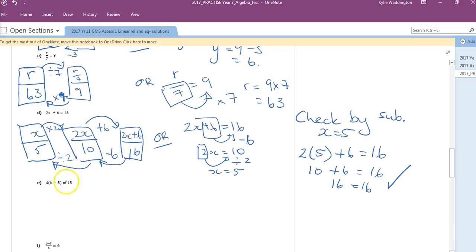Here we can do it 2 different ways, and it depends on how you want to do it. And I'm actually not going to use the boxes this time. I'm just going to use inverse operations. You can either expand it and then solve as you were doing before.